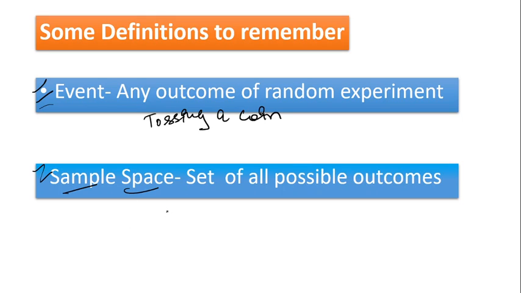Like the sample space for tossing a coin: it may be a head, it may be a tail. So a sample space is a set of all possible outcomes of an event.